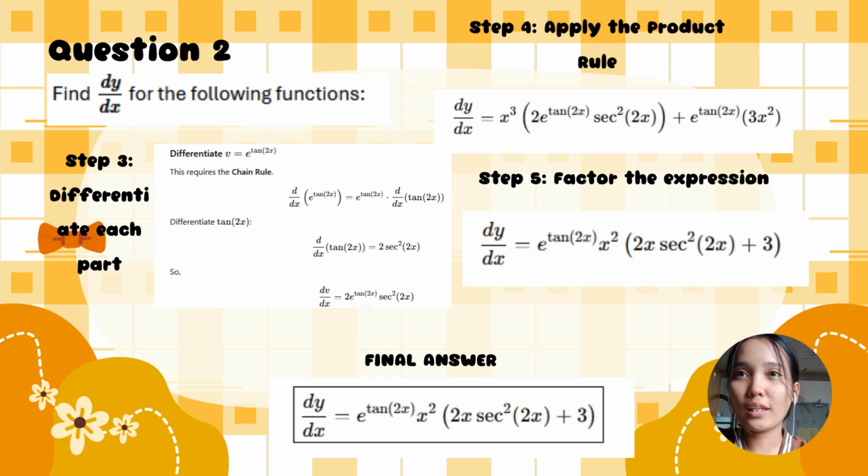So the final answer for this question is dy over dx equals e to the power of tan 2x times x squared times (2x sec squared 2x plus 3).